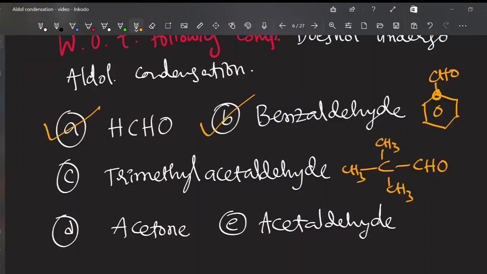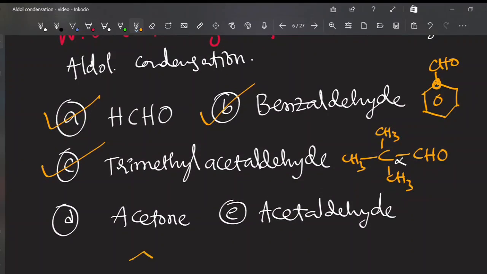So this is our alpha carbon. There are no alpha hydrogens, so this also must be our answer. Whereas acetone will have six alpha hydrogens, and acetaldehyde also has alpha hydrogens. So these two compounds will show aldol. Which means the first three do not show aldol condensation.